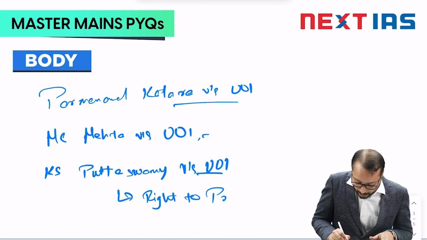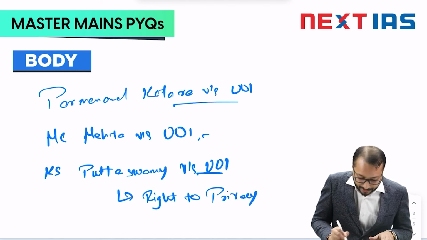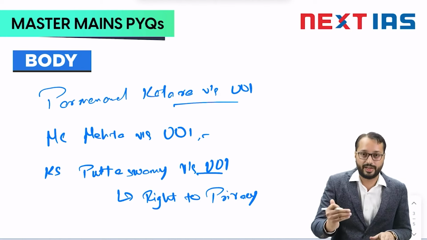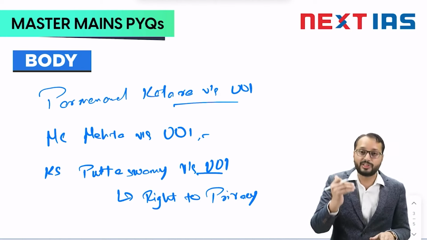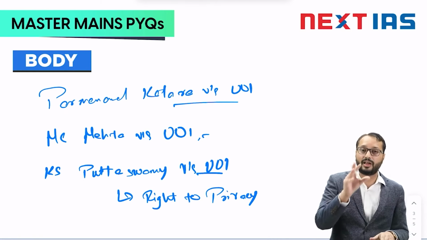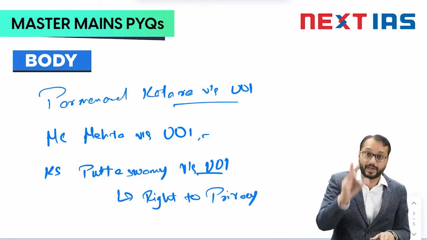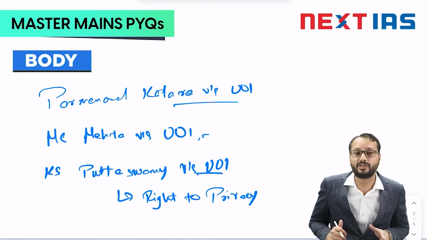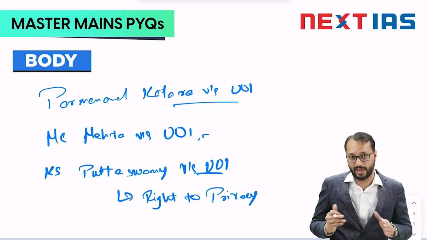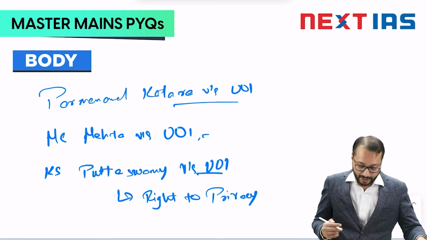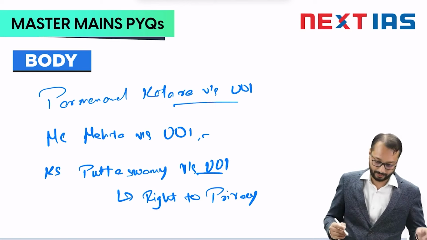Based on the changing needs of society, the judiciary accepted this new concept of privacy, and it located privacy in Articles 14, 19, and in particular Article 21 of the Constitution. So this again expanded the scope of Article 21, right to life and personal liberty, and it is a very recent judgment.